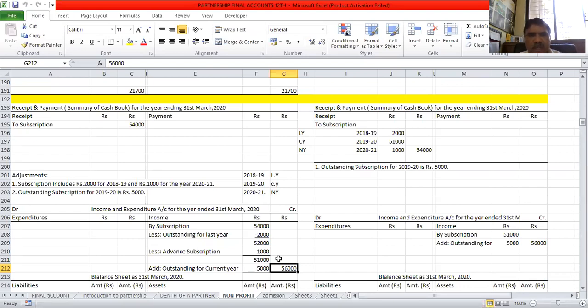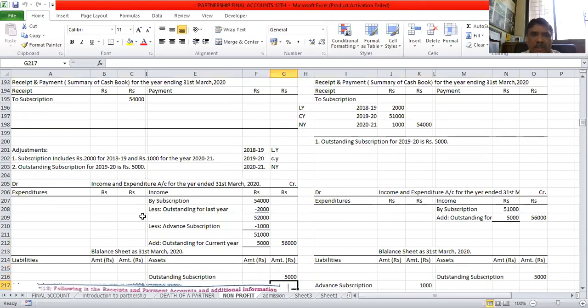Now the question arises: when to give the second effect? The subscription of 18-19, that means last year outstanding, is definitely there in the last year balance sheet. So we will not give this year second effect because it is nullified when it is already received. And the 1,000 is for 2021, that means for the next year, so we have received income in advance.